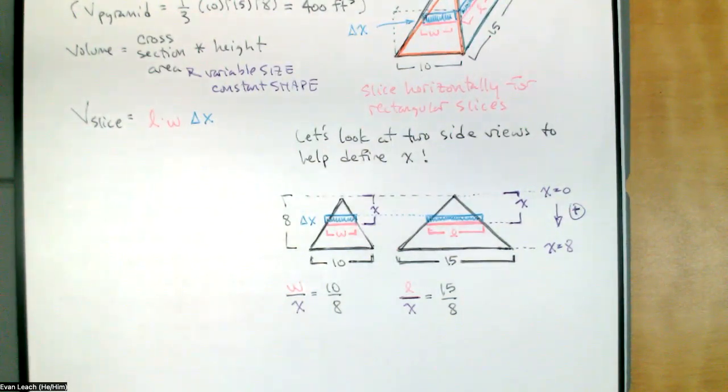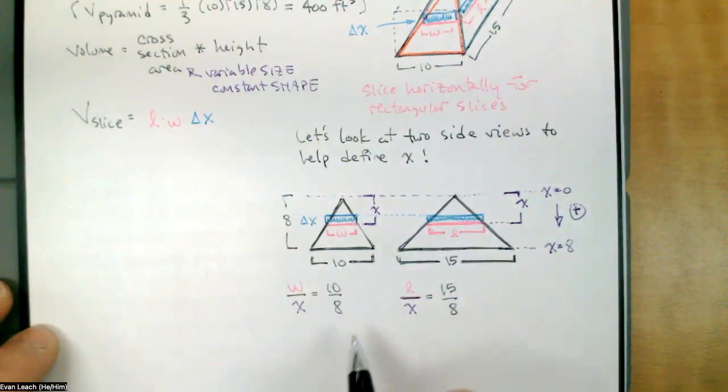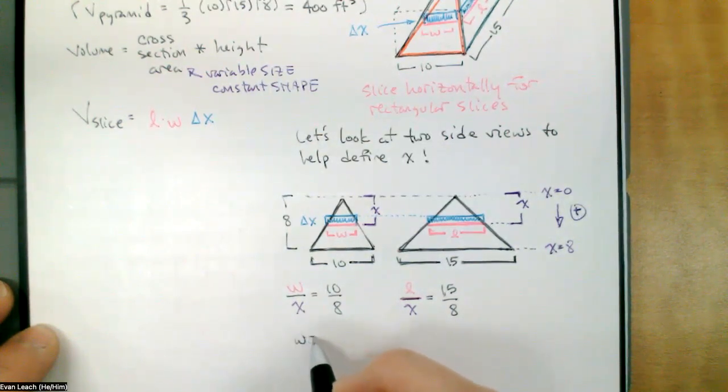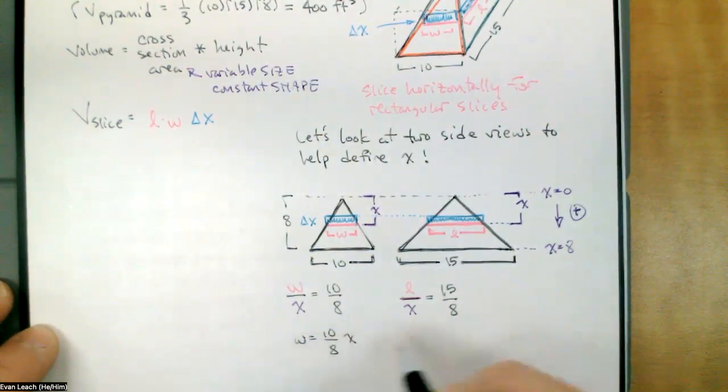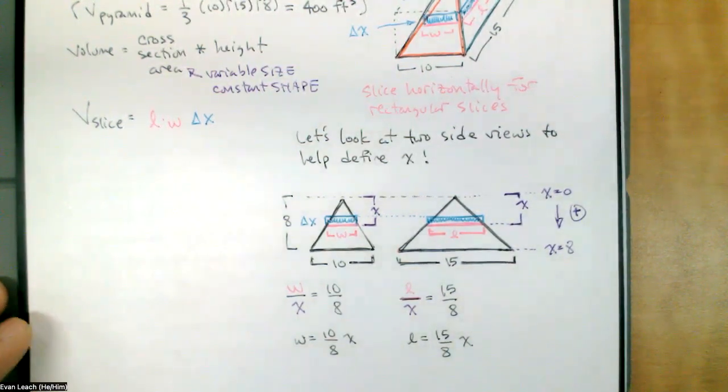So from here, I can get expressions for the width and the length in terms of our variable x. That will give us a volume of the slice that's entirely in terms of x. We can put that together into a Riemann sum and then integrate. So W is 10/8 x. And L is 15/8 x.